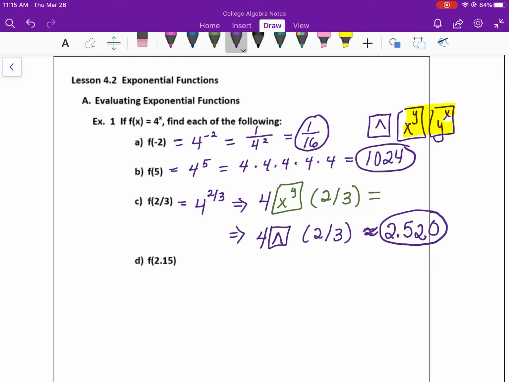Okay, for this next one, again, it's just a calculator problem. So a little bit more than 4 squared, 19.698.